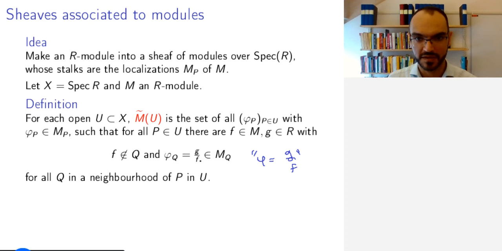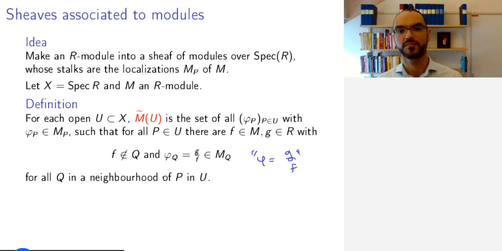And remember, g divided by f, this is an element of the localization of the module at the prime ideal q, demanding that f is not in q. So this whole thing makes sense. And basically, we have defined this M tilde by specifying its stalks.